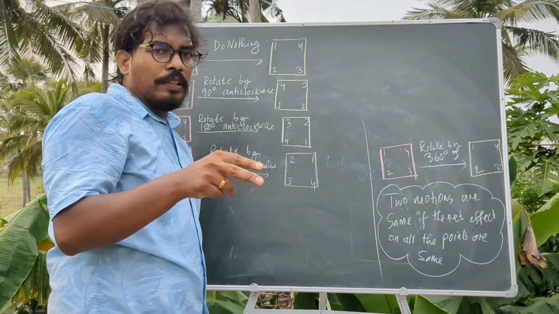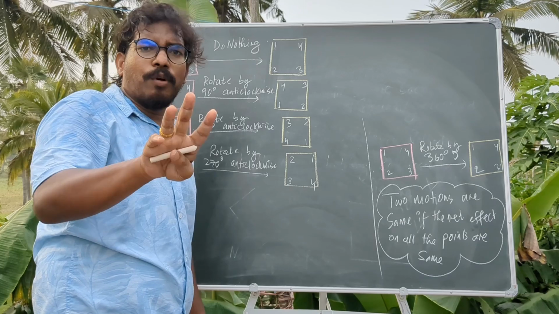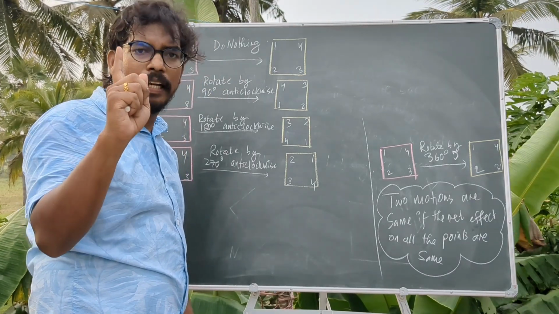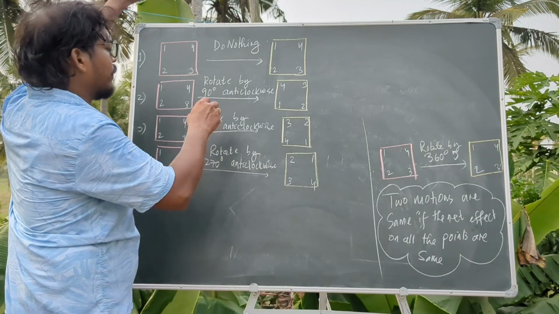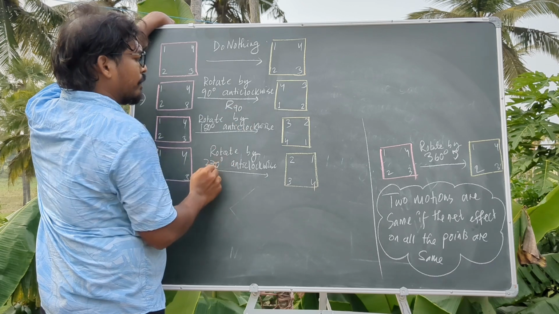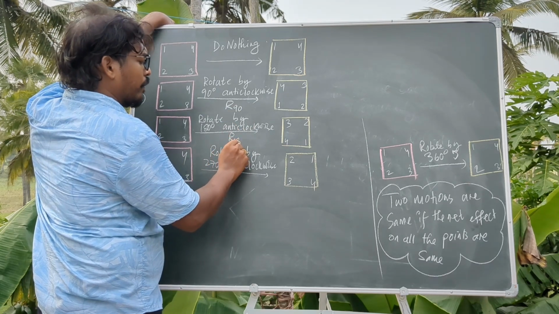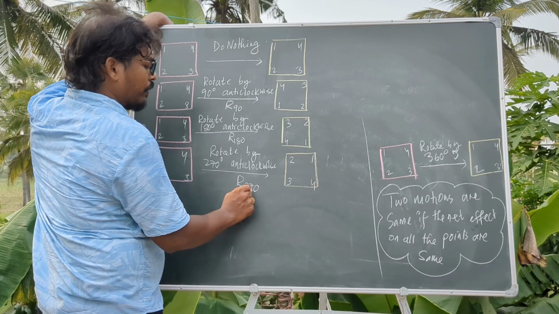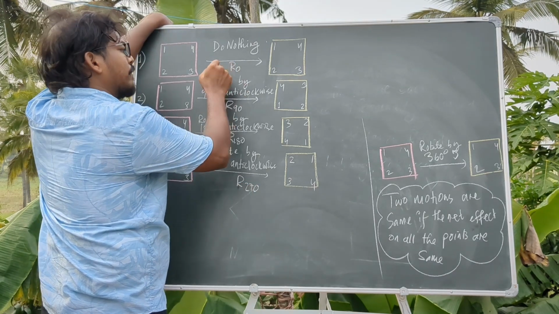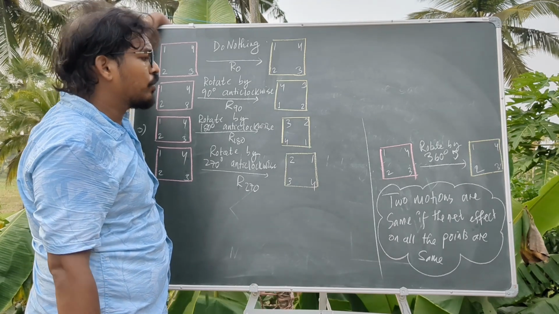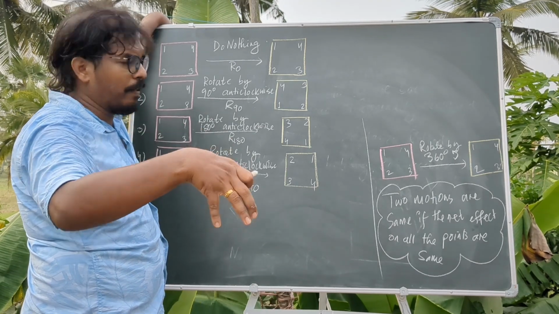So these repeating motions will be treated as one. We are going to treat them as a single motion, and let us name them. Suppose this is R90, and this is R180, this is R270, and this one has rotation of 0-degree anti-clockwise. 0-degree rotation means we are doing nothing.